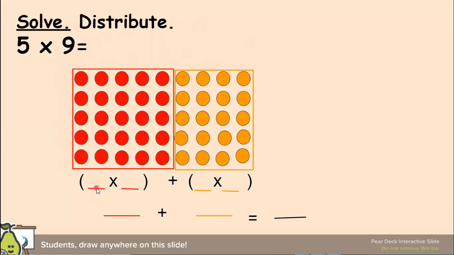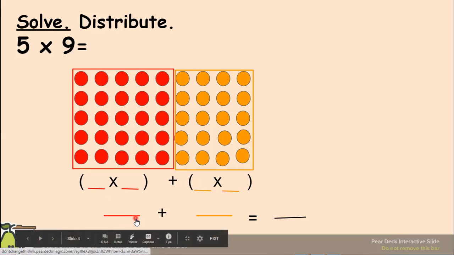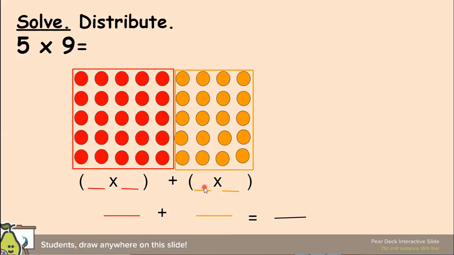On the line underneath, you're going to write the total number of columns times the total number of rows in your red array. Then you'll multiply and put that product on the line at the bottom. You'll do the same thing for the yellow array. How many rows on the yellow line, and then how many columns on the other yellow line.